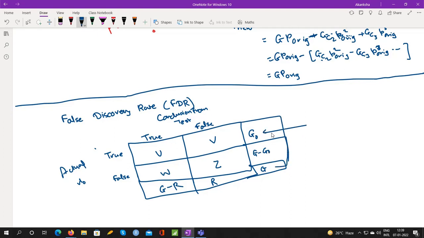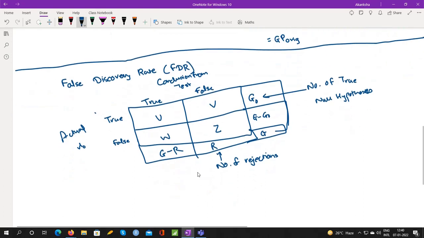G naught is the number of true null hypotheses. R is the number of rejections. G naught would of course be unknown, R would be known, and U, V, W, Z would be unknown.